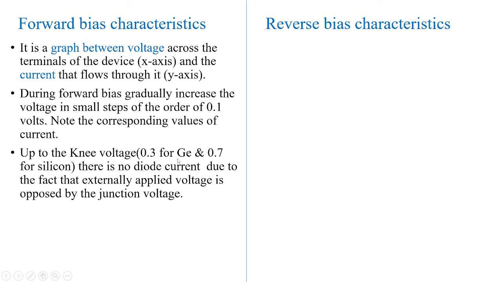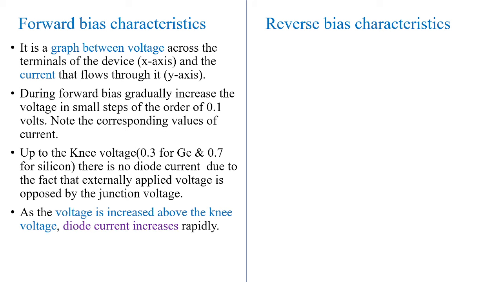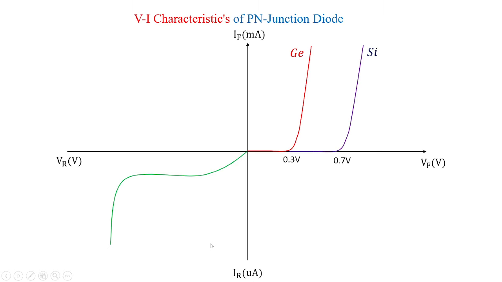Now up till the knee voltage, what we call the cut-in voltage, that is 0.3 volts for germanium and 0.7 volts for silicon, there is no diode current, due to the fact that the externally applied voltage is opposed by the junction voltage. Now what is junction voltage, what is junction barrier, we are going to see in our future classes. Now as the voltage is increased above the knee voltage, the diode current increases rapidly, and that is what we have seen in these characteristics.